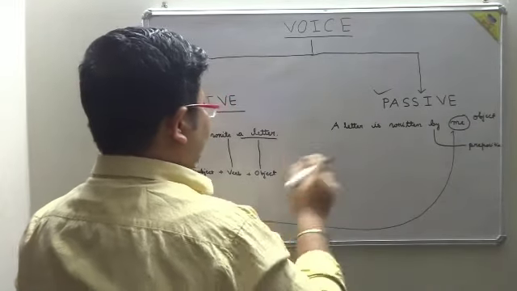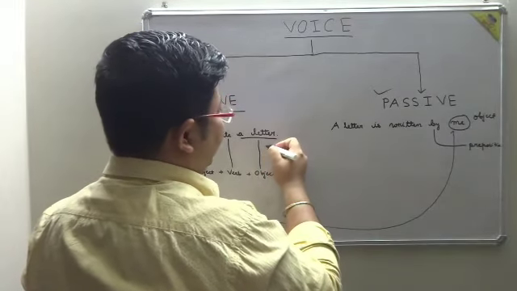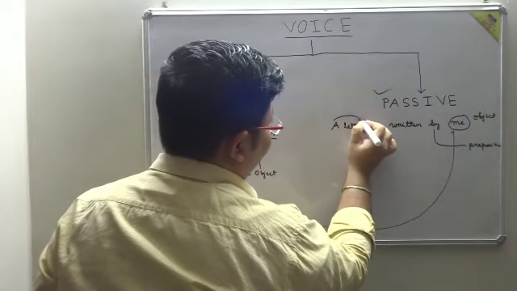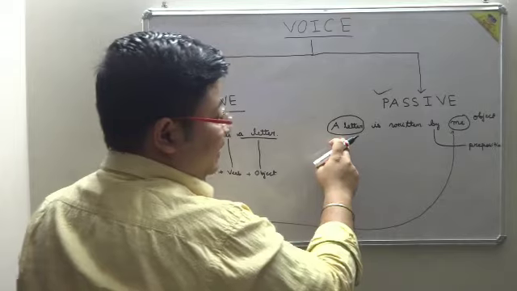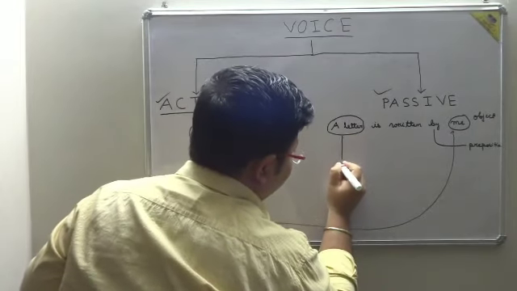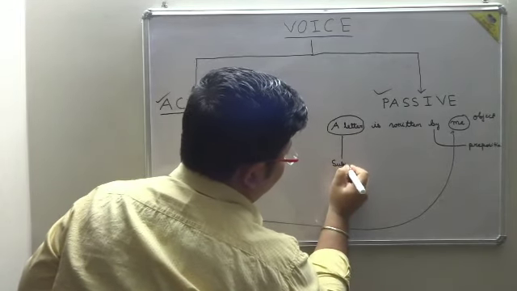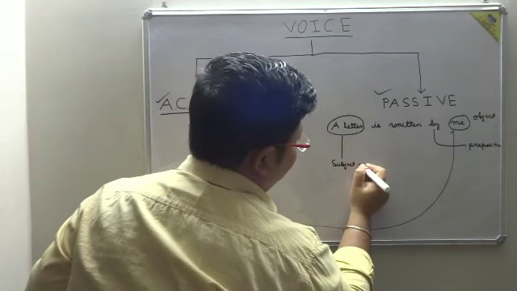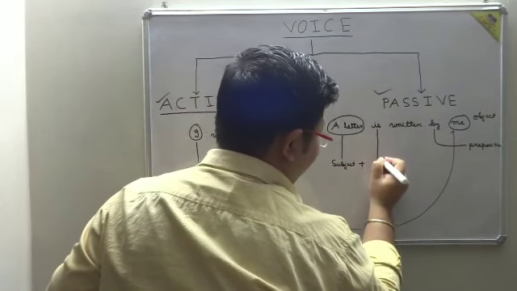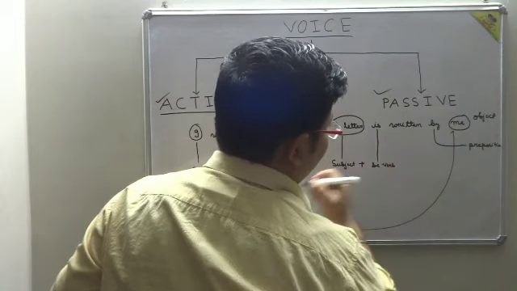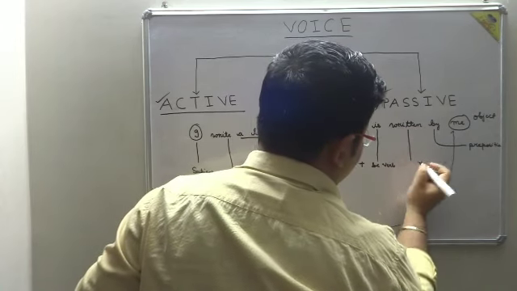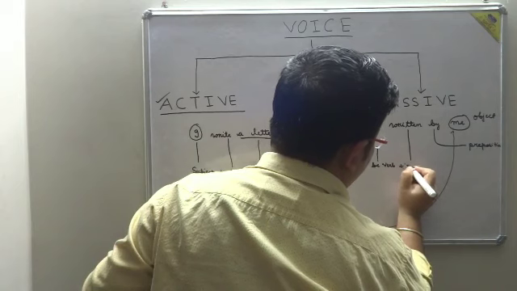Now the second rule, the object in the active voice is converted into subject in the passive voice. Subject plus, it is the be verb. Okay, this is the past participle form of the verb.